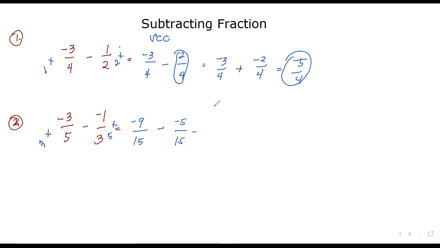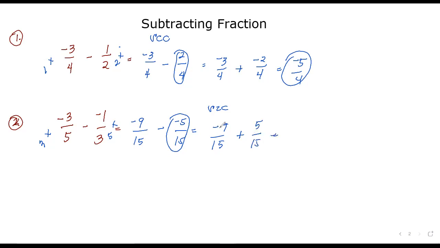Again, SCC, same change. Negative 9 over 15, same. And then change the operation into addition, and then change the second fraction to a positive fraction because it is negative, so this will become positive 5 over 15.